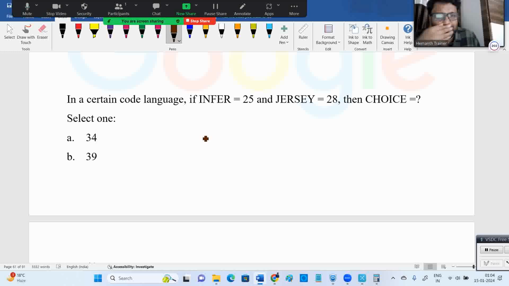Whereas here adding, no, 25, 5 square. No, you check this. 25, choice is what? Jersey is 28 they have given. You have 6 letters. Infer is 25, Jersey is 20, choice is what? You do forward code, reverse code, all those. Okay, so finally I got 9, 14, 6, 5, 18, 20, 25. 25 plus 27, 52, right?